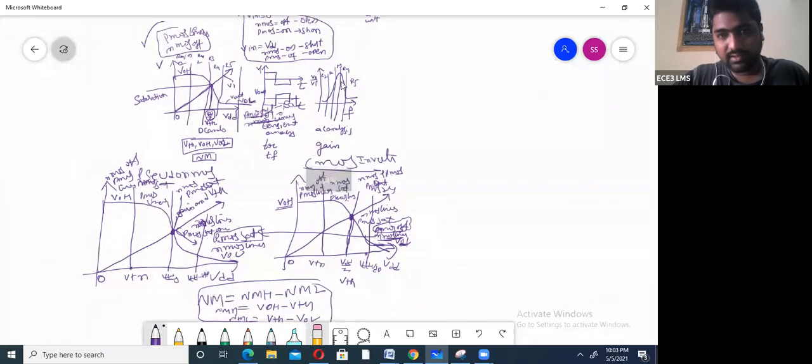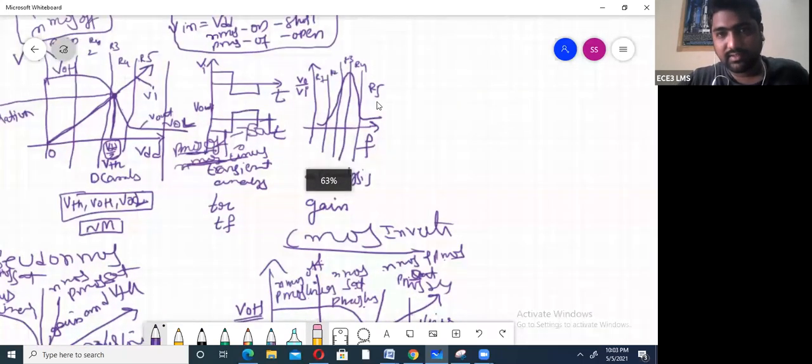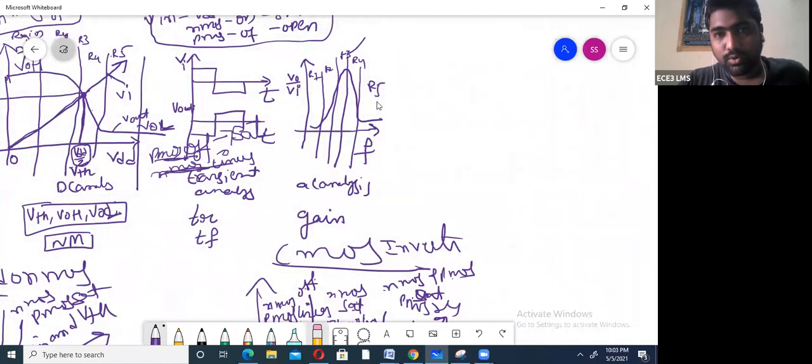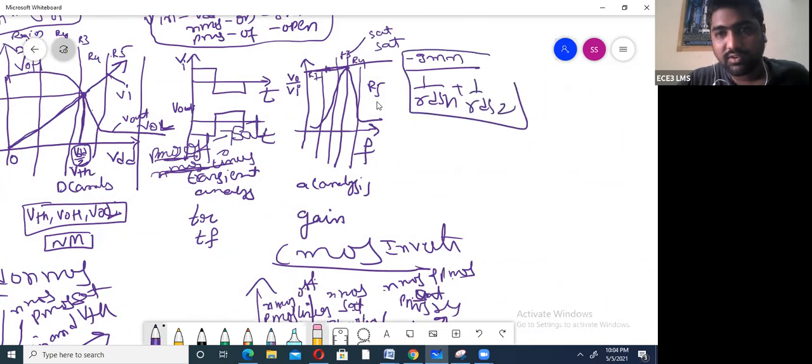This is the gain graph, and region 3 means both the transistors are in the saturation region. At that time only you will get maximum gain. That is Vo by Vi equal to, for pseudo NMOS, minus gmn times 1 by rds1 plus 1 by rds2. That is the equation we got for maximum gain. So this is region 1, region 2, region 3, region 4, region 5.